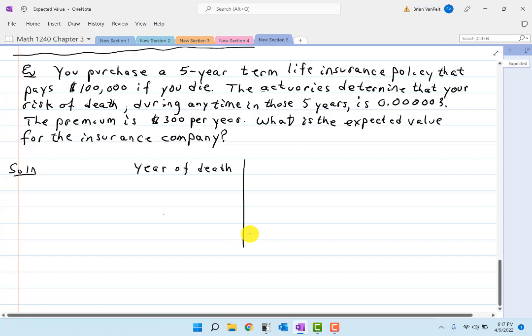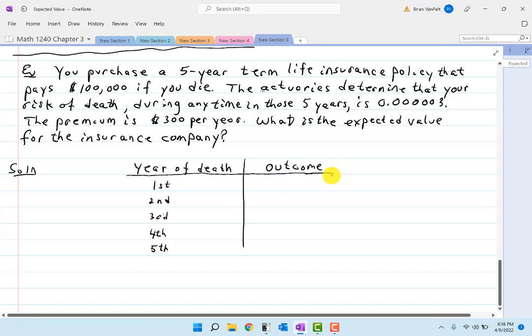Now, you bought a 5-year policy, so we have the first, second, third, fourth, and fifth. For each of these, we have to think of an outcome for the insurance company. These outcomes will be our X values, if you will. So let's take a look.